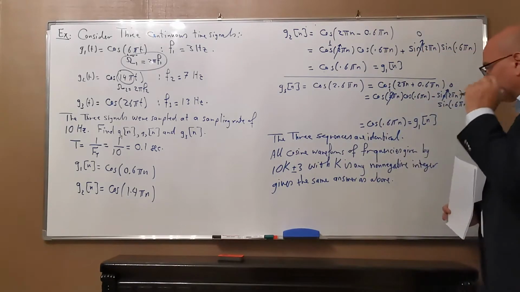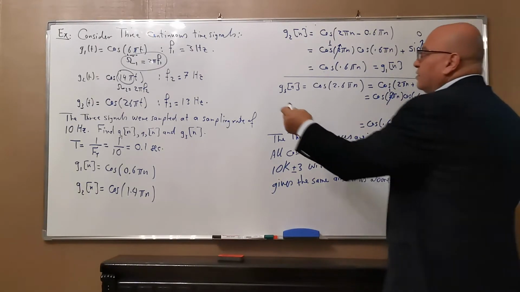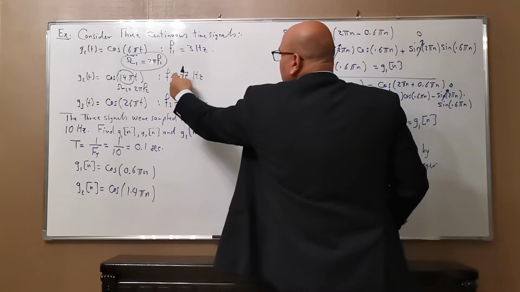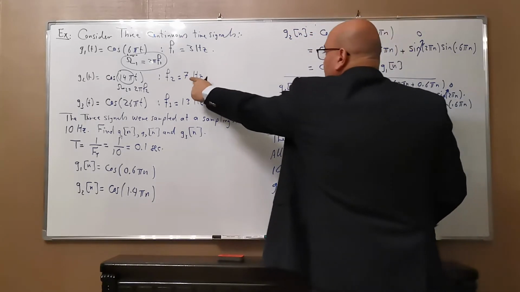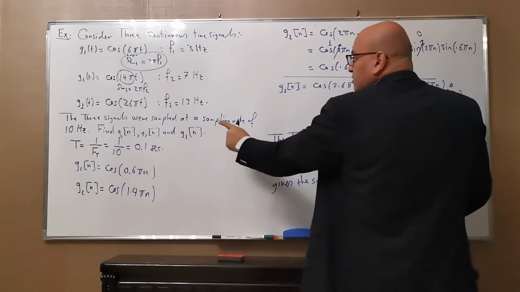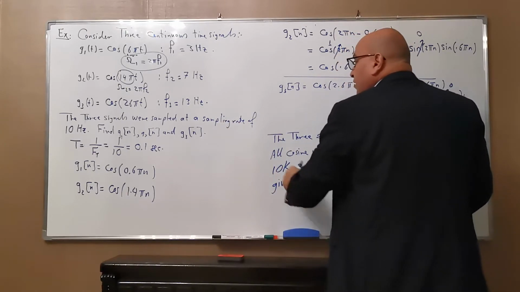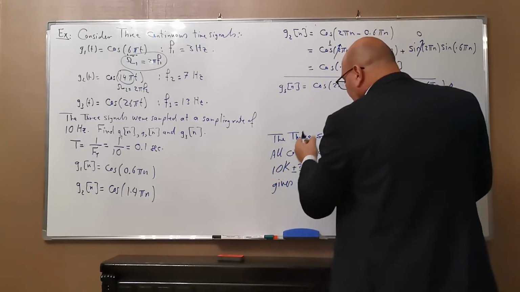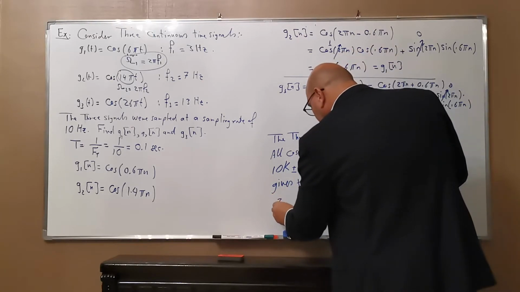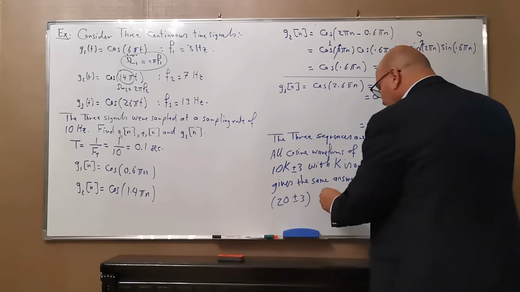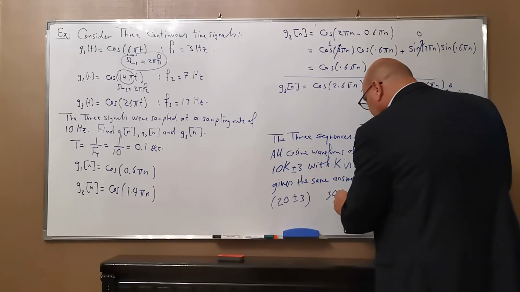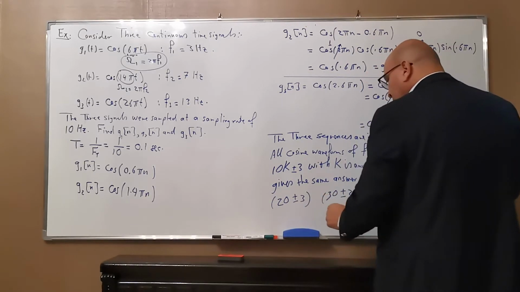I mean here, when you get 3, actually you got k equals 1, it's 10 minus 3, 7. You got also 10 plus 3, 13. If you take k equals 2, so you have 20 plus or minus 3, it is also the same. You also have 30 plus or minus 3, which is the same.